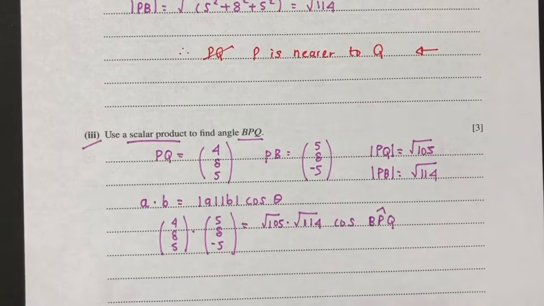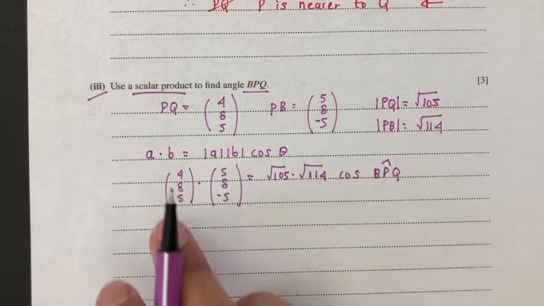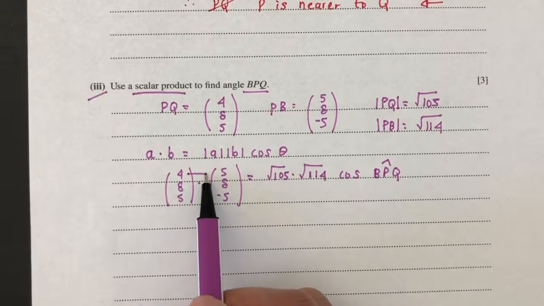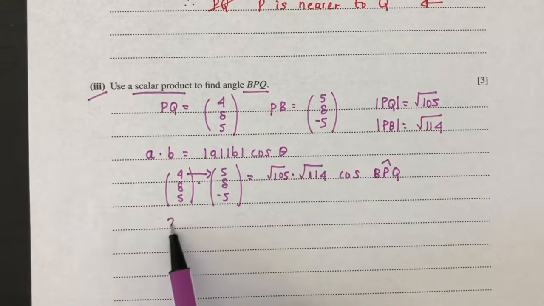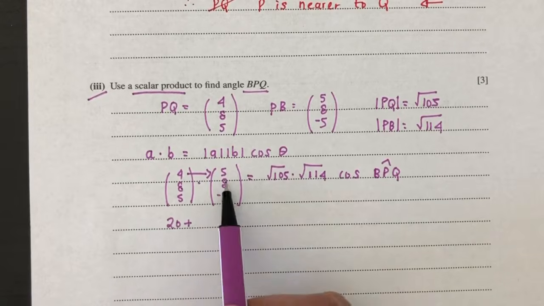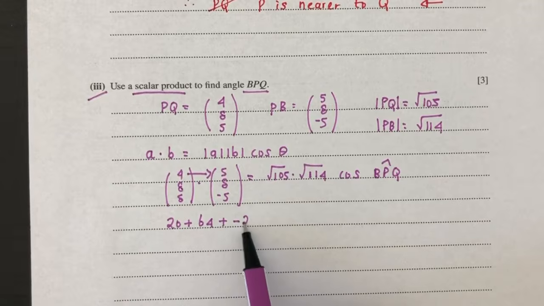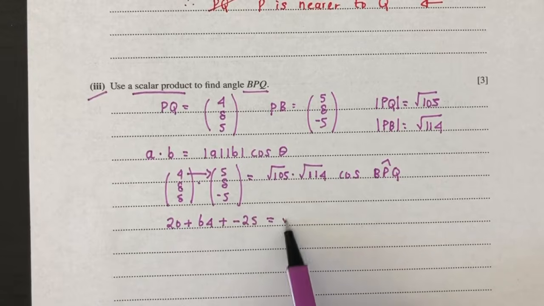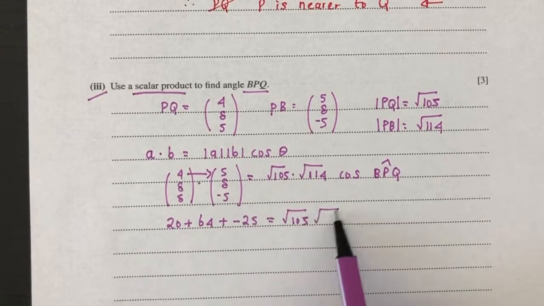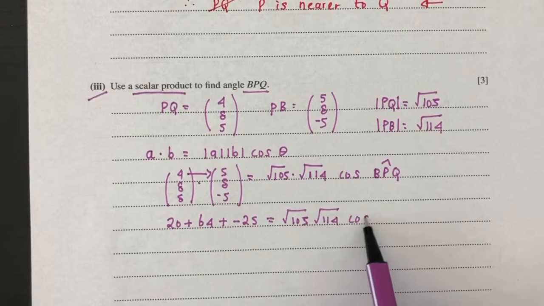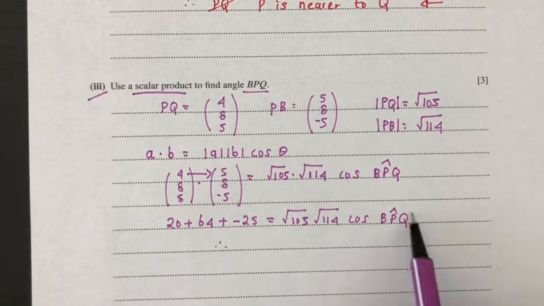BPQ. So let's do the scalar product for this one. Very easy. This times this, so 4 times 5 is 20, plus 8 times 8 will be 64, plus 5 times minus 5 will be minus 25, and this equals root 105 root 114 cos BPQ. Now let's make this the subject of the formula.